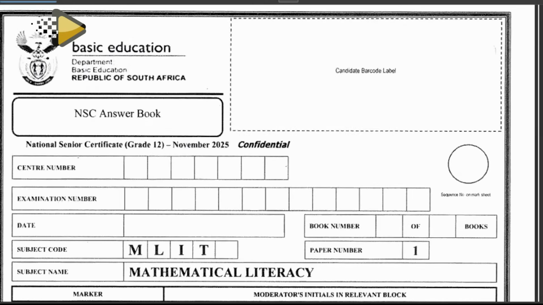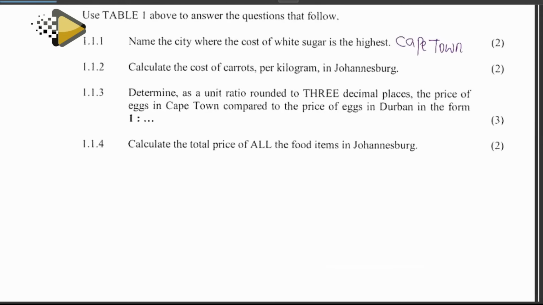So we are looking for the cost of carrots per kilogram, meaning we get the price and divide it by 5. So this was supposed to be 41 divided by 5, and you get your answer as 8 rands 20 cents per kilogram.